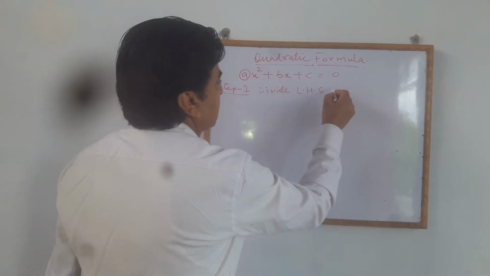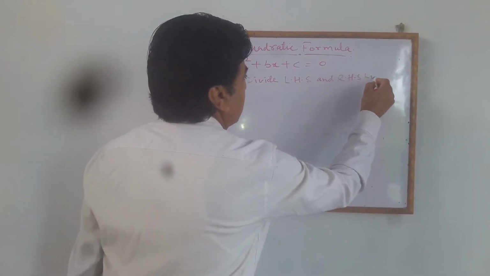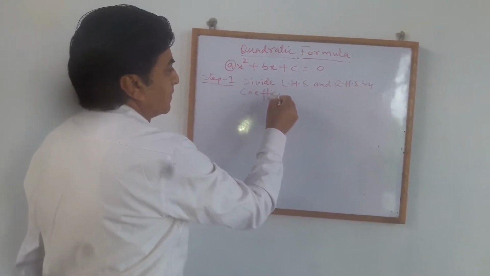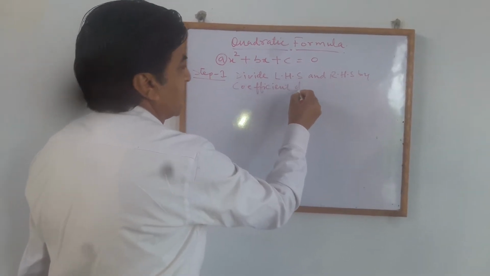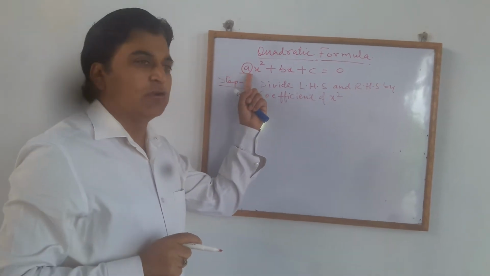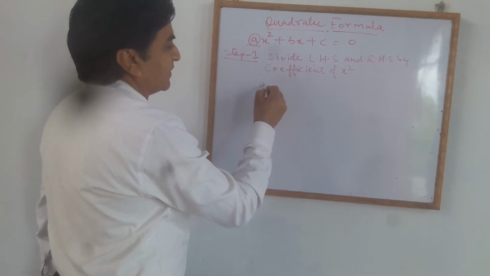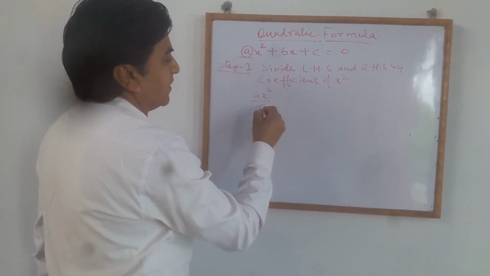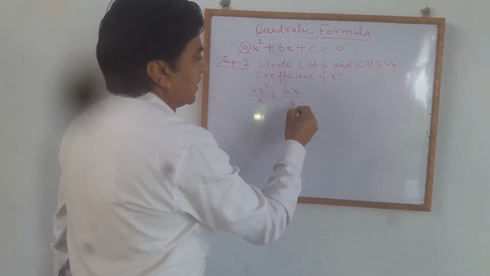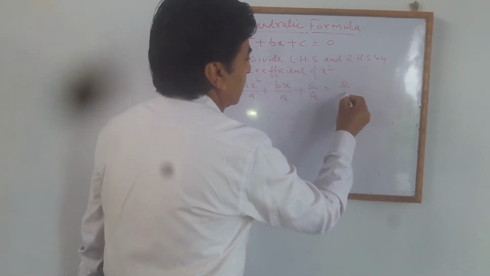It means ax square upon a plus bx upon a plus c upon a is equal to 0 upon a.